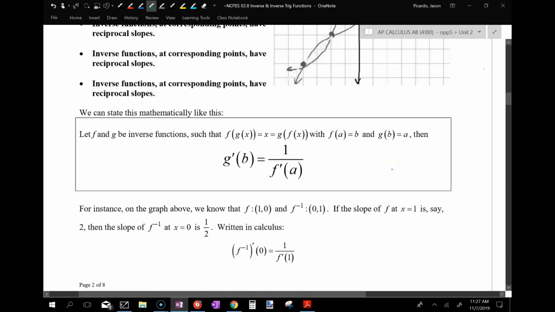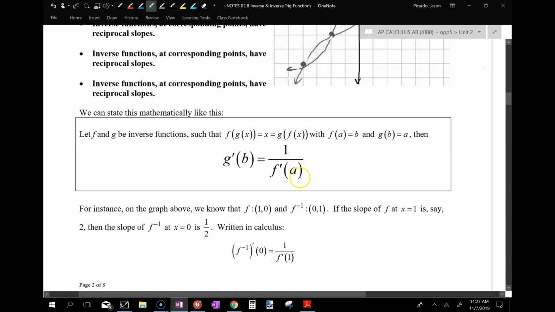And here's what this is basically saying. It's saying, ready? Brandon, this is going to sort of put this together for you. It's saying, let f and g be inverses such that if g goes into f, I get x, and if f goes into g, I get x. So I know that it works, correct? Cool. So here's what I say. I say that then, if I was to find the derivative of g, it's the same as 1 over the derivative of f.